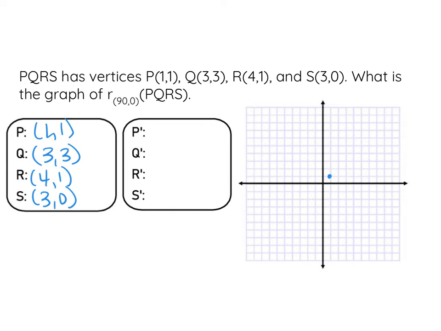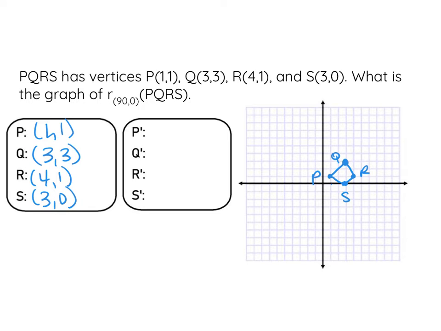So I'm going to graph those. 1, 1 is P, 3, 3 is Q, 4, 1 is R, and then 3, 0, right here, is S. So we have a little shape here, okay?